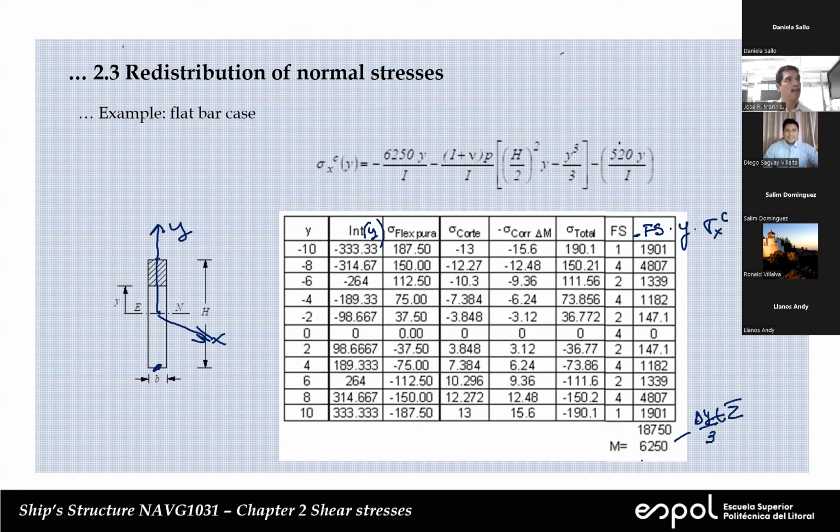So this is not the original distribution, which is this one here, third column. We have a different normal stress distribution, but applying Taylor's assumption, Taylor's theory, we obtain the same bending moment. Okay, using this correction from Engineer Taylor.